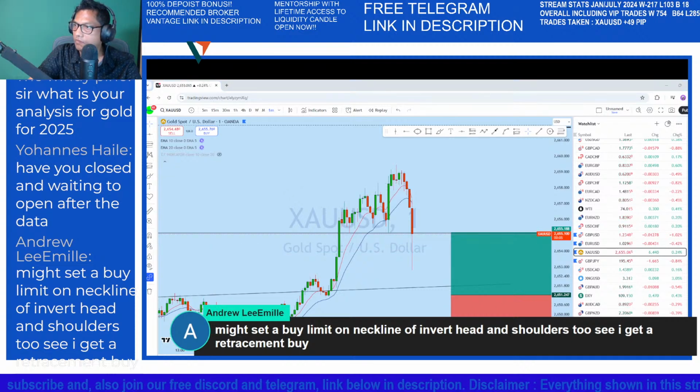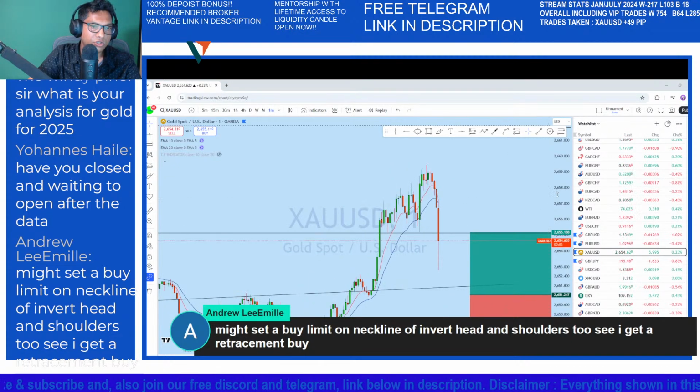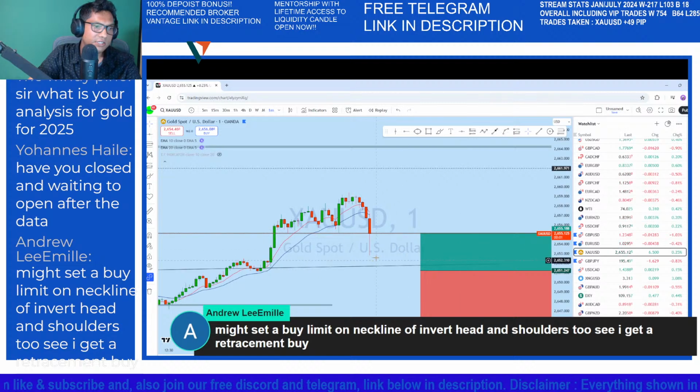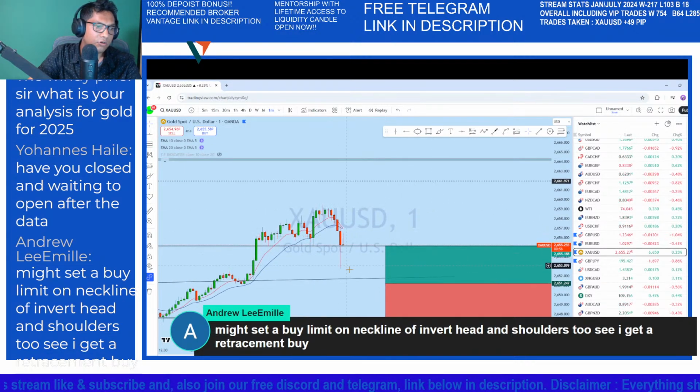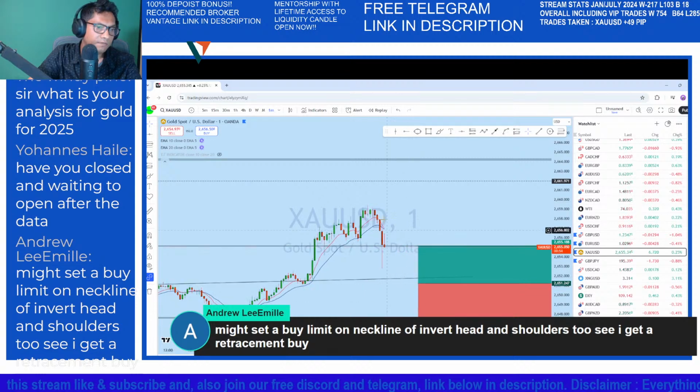It's very important to see if the spike is a liquidity grab or if it's trying to drop again.